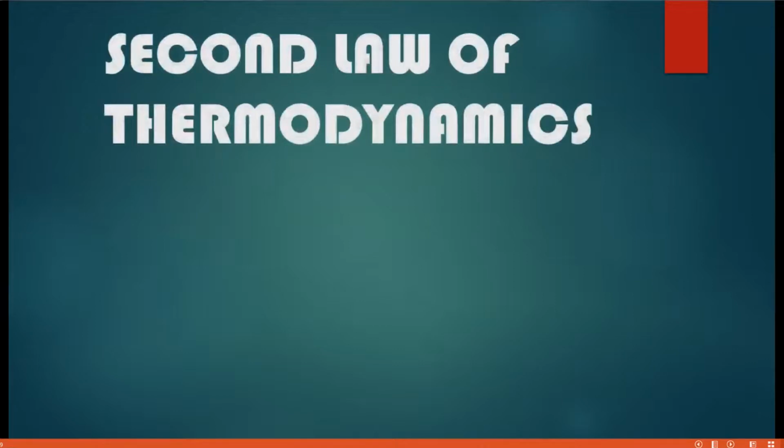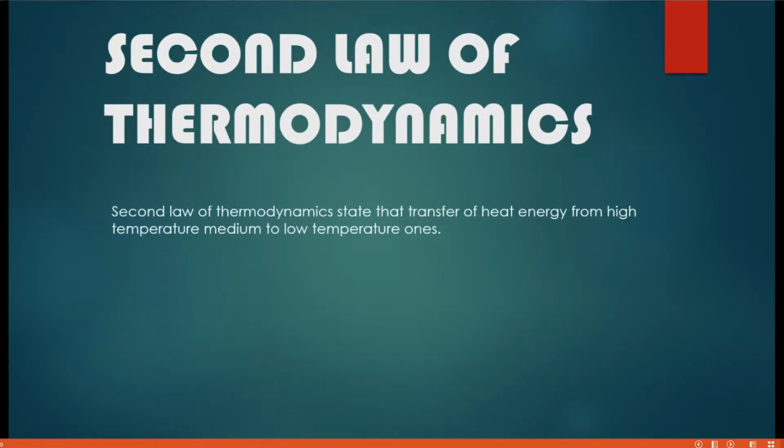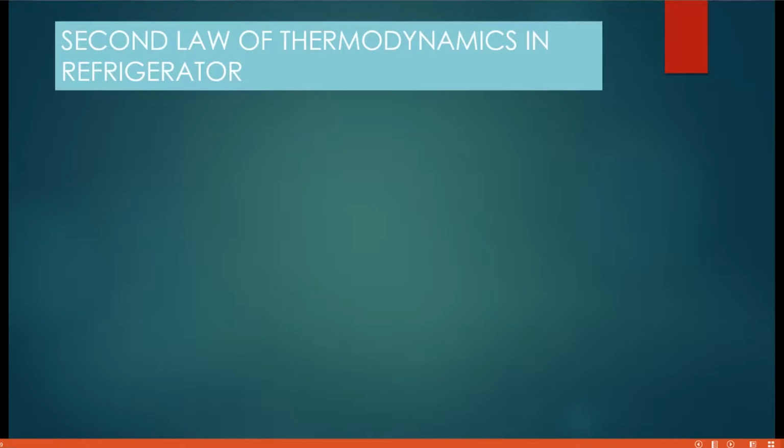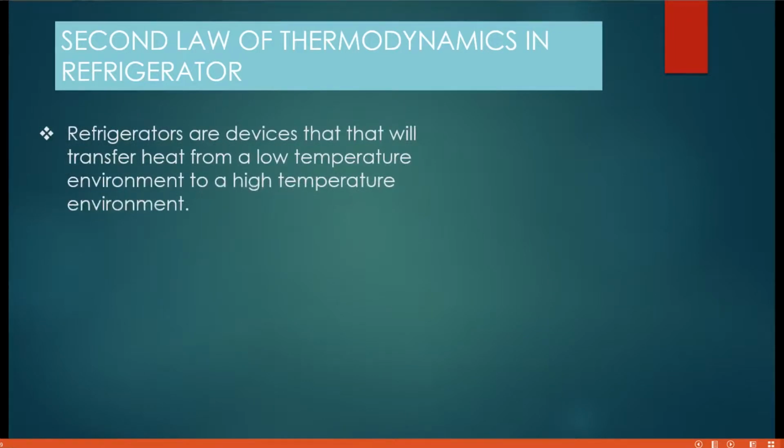First of all, we're going to tell you about the second law of thermodynamics. What is the second law of thermodynamics? The second law of thermodynamics states that heat energy transfers from a high temperature medium to a low temperature medium. Then the usage of the second law of thermodynamics in the refrigerator.